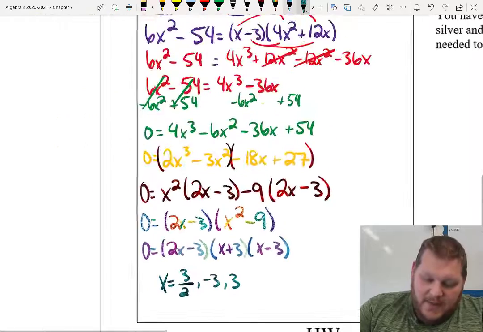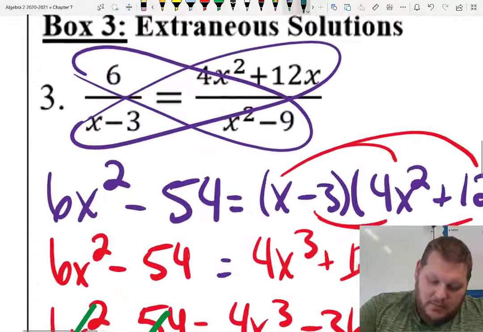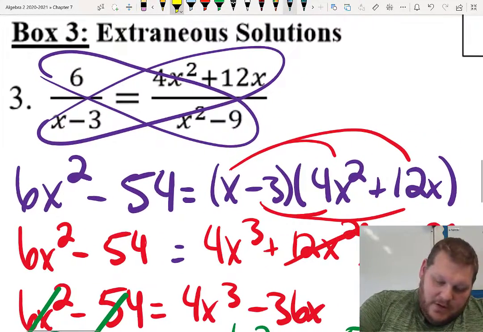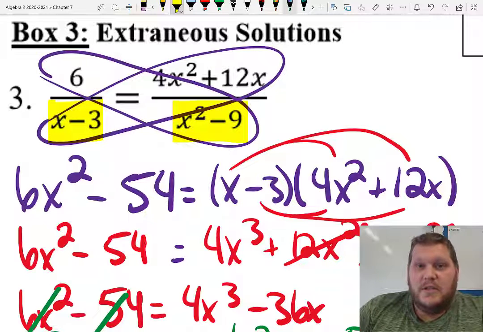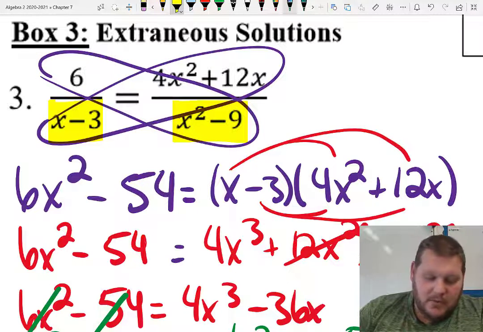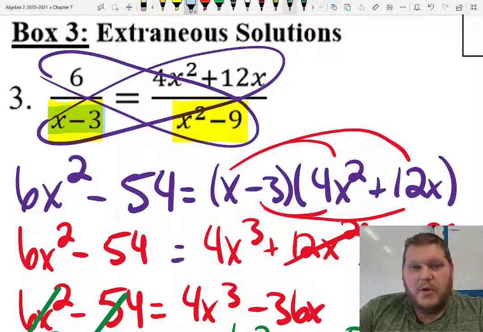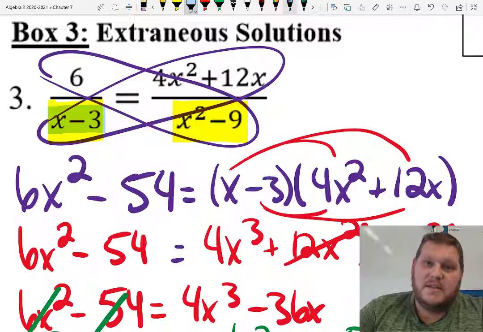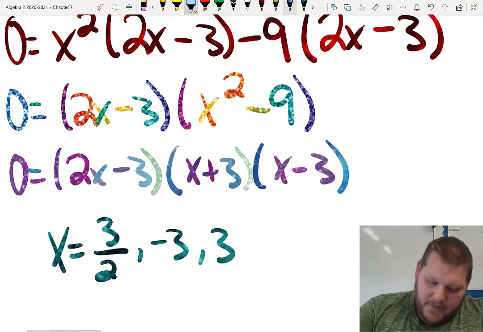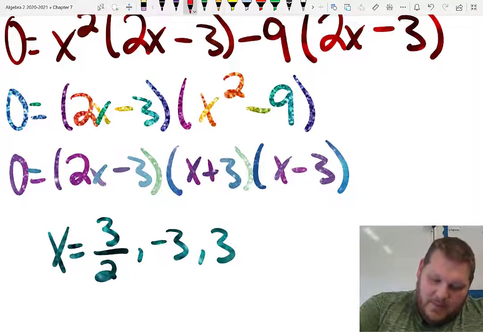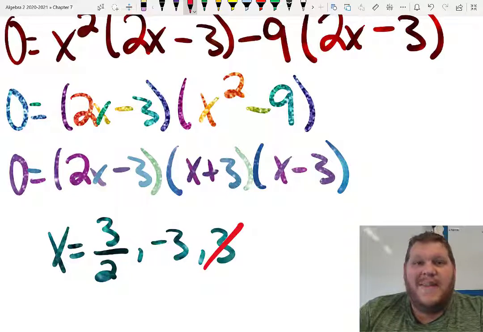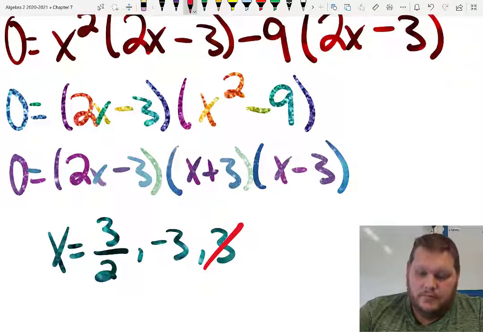So if I look back to my original equation, I'll highlight my two denominators. Looking at my three solutions, positive 3 would make this first parenthesis 0. If I plugged in a positive 3, 3 minus 3 is 0. So that tells me that positive 3 can't possibly be a solution. It would make that first denominator 0.